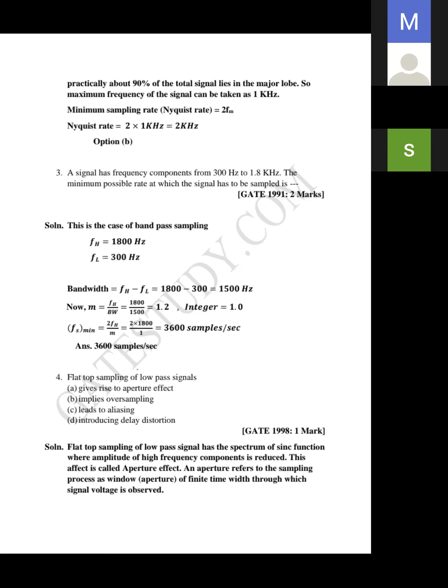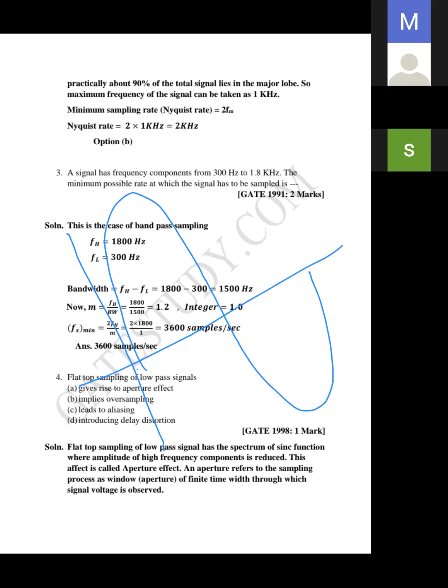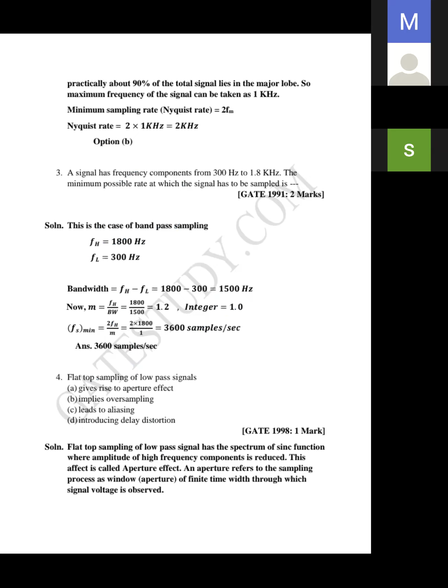If I make the sine function flat, I am going to miss this component, because the flat top is going to be considered. It's going to miss certain information. So the amplitude of the highest frequency components is reduced, and that effect is called the aperture effect.